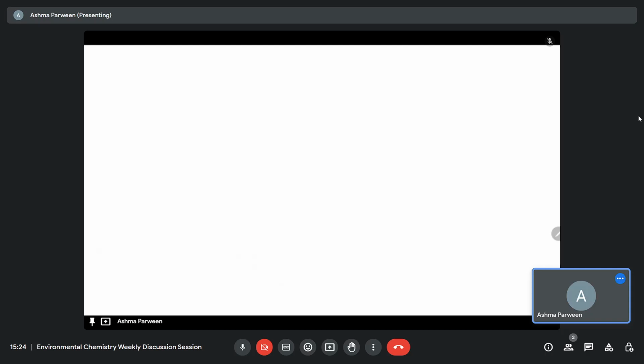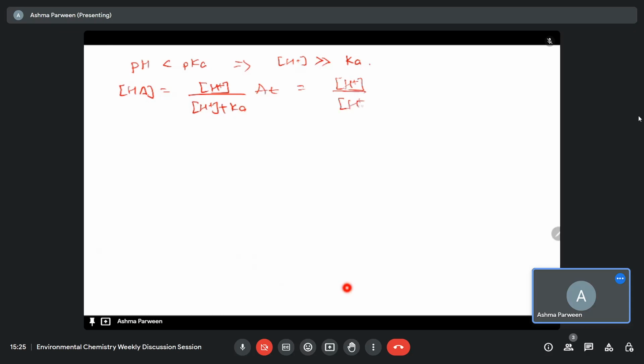So let's see. From 1, when pH is less than pKa, it means that the concentration of H plus will be greater than the Ka value. So we have HA as H plus upon H plus plus Ka into At. Since when pH is less than pKa, the concentration of H plus is much greater than Ka, we can write it in the form of H plus upon H plus into At.